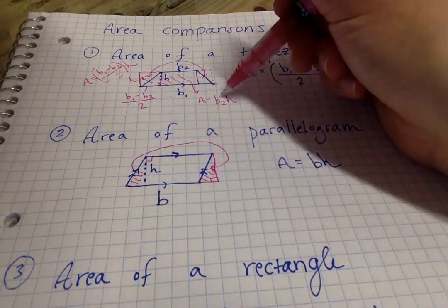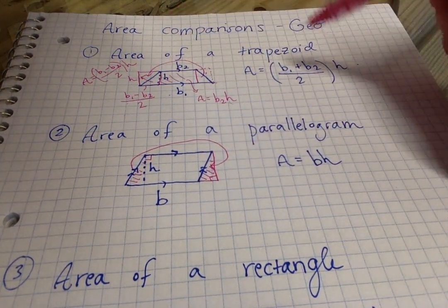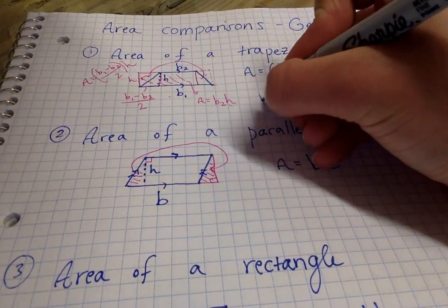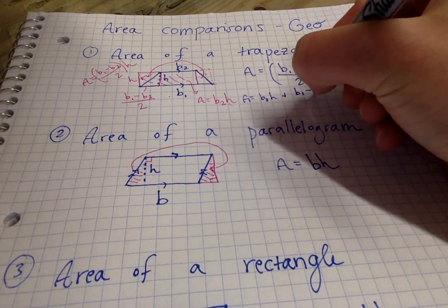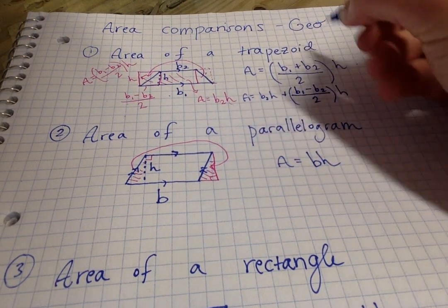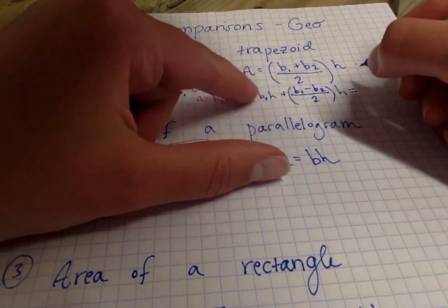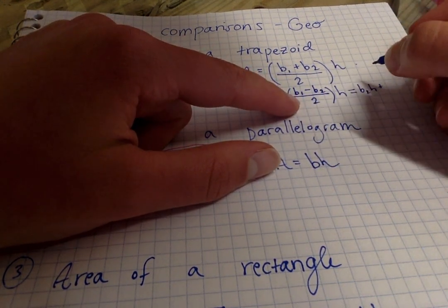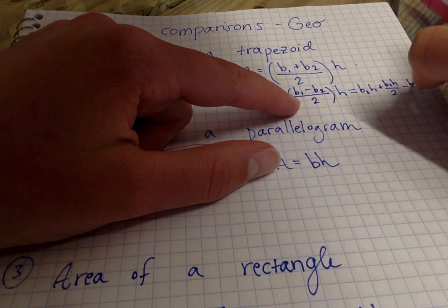So really the area of a trapezoid would be adding these two together. Now we just have to prove that adding those two together gets me here. I'm going to do that in blue to make sure we can see it. So I'm proving that base 2 height plus base 1 minus base 2 all over 2 times height is actually equal to this figure up here. So let's see. If I have base 2 height plus, let's split this up into base 1 height over 2 minus base 2 height over 2.